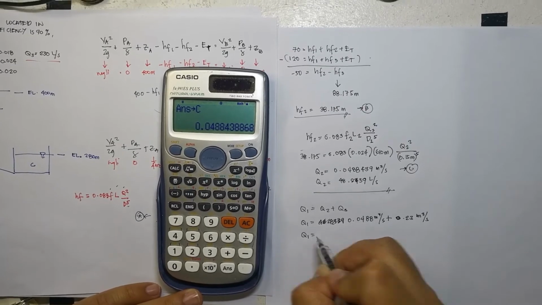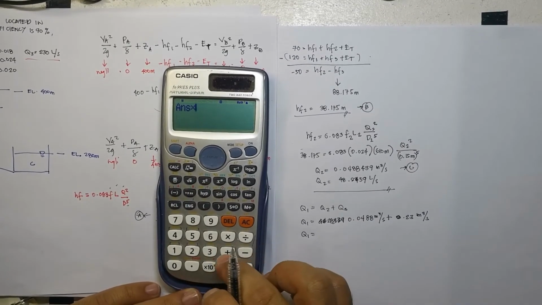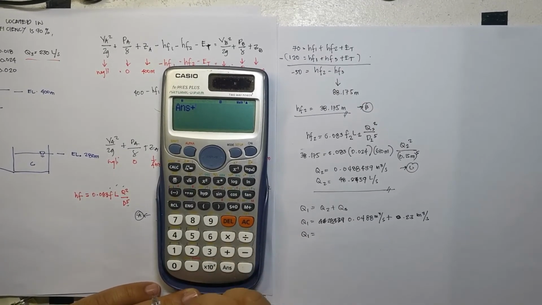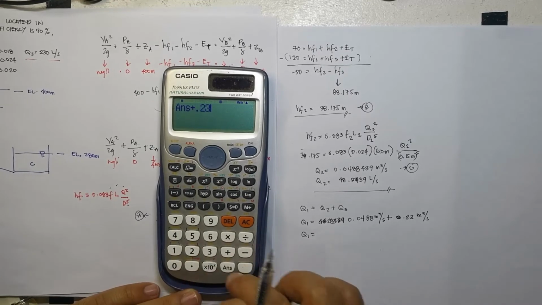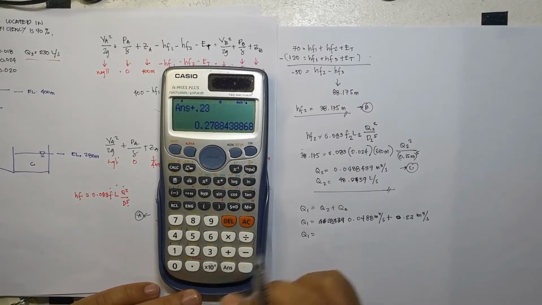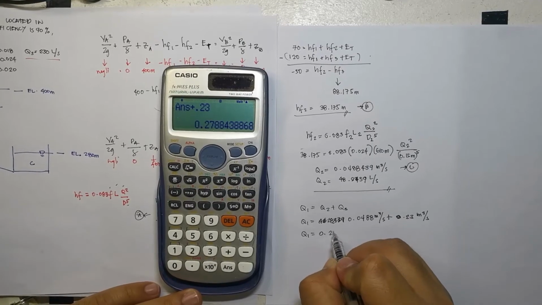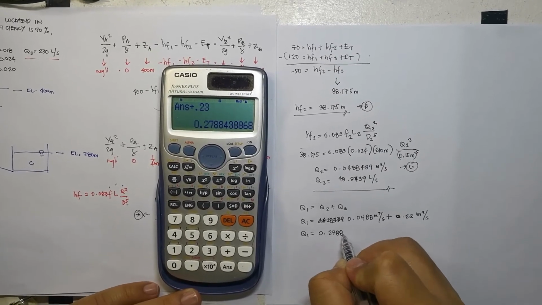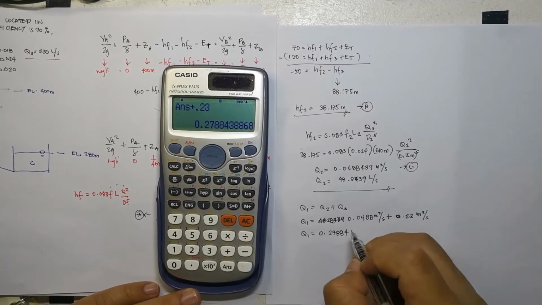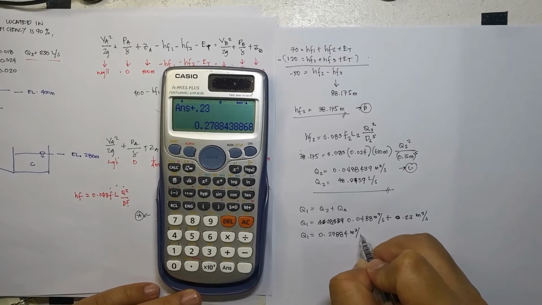Then Q1 is equal to 0.0488 plus 0.23, which is 0.27884 cubic meter per second.